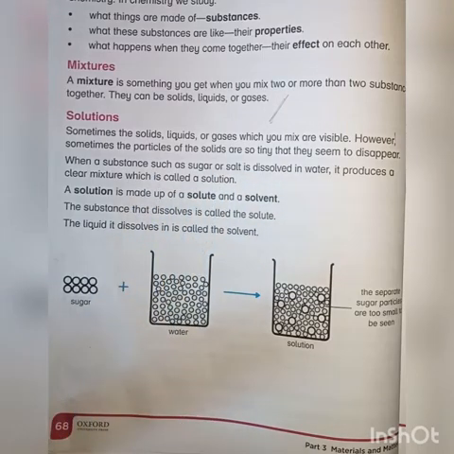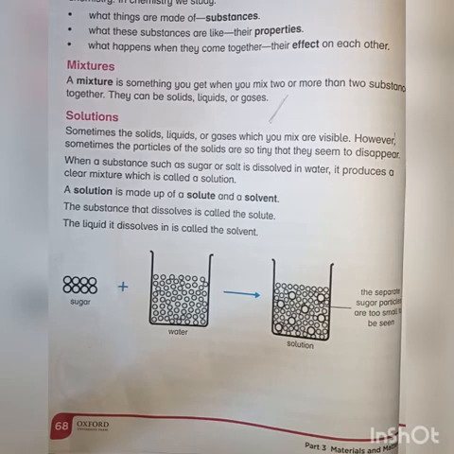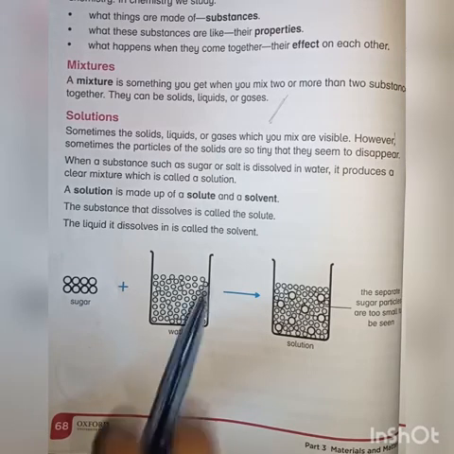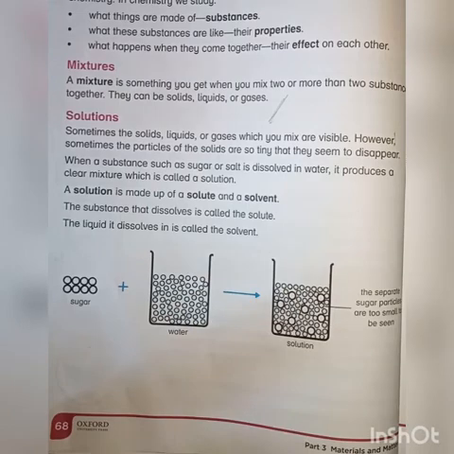And what is solvent? The liquid that dissolves substances in it is called solvent. Here water is the solvent because it dissolves sugar or salt in it. In a solution, solute is always in small amount and solvent is always in large amount.